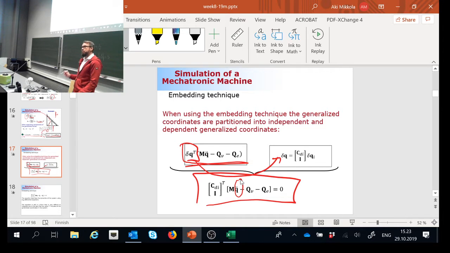I want to express also the acceleration by using independent generalized coordinates. So that forces me to use this coordinate partitioning technique again, but this time at the acceleration level. And this is when it becomes mathematically involved, mathematically nasty.